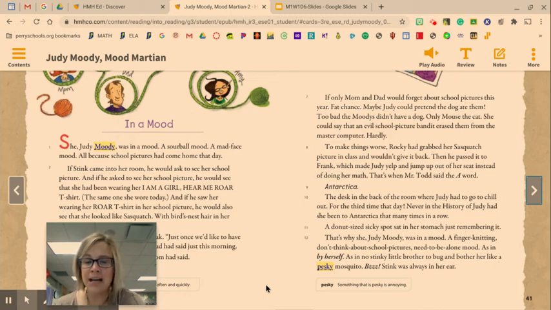A donut-sized sticky spot sat in her stomach, just remembering it. That's why she, Judy Moody, was in a mood. A finger knitting, don't think about school pictures, need to be alone mood. As in by herself. As in no stinky little brother to bug and bother her like a pesky mosquito. Bzzz. Stink was always in her ear.